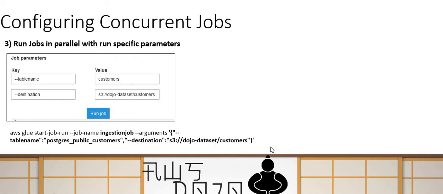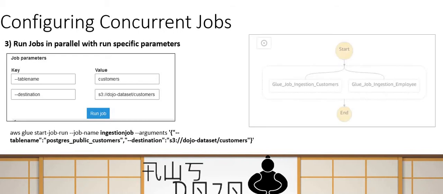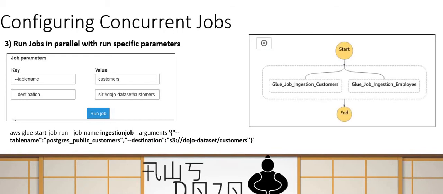And more importantly, generally you don't run a job through the CLI or through the console. Probably in dev and test you do, but not when you're using it in production. In production, you generally try to create a workflow, and in a workflow, these jobs can be put into parallel tracks, parallel execution, which I'm showing here in a Step Function, or you can create multiple workflows, which is simply using the same job but with different parameters to ingest the data.